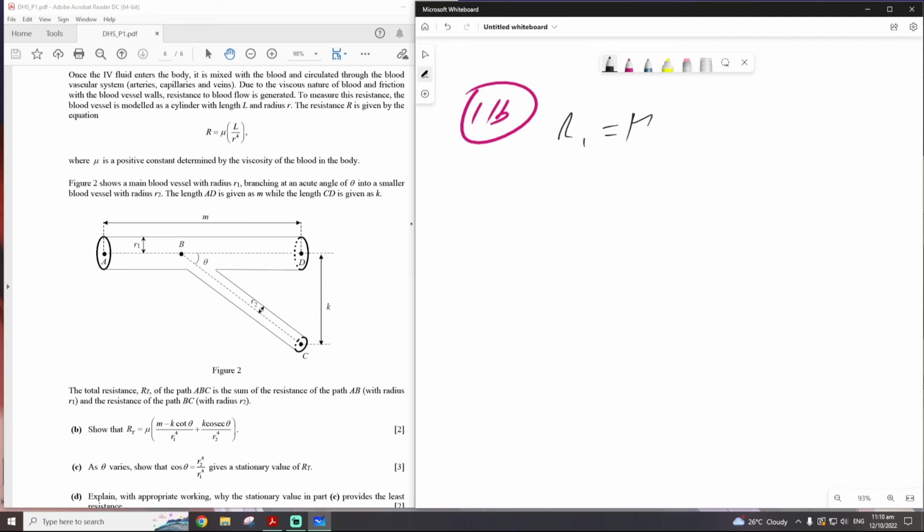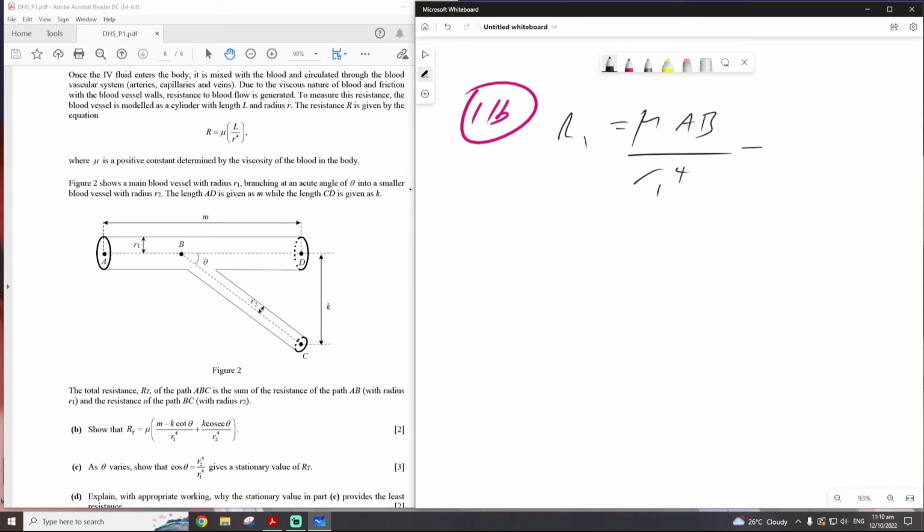So we use the formula mu, the length will be AB, over R1 power 4. R1 equals mu AB divided by R1 power 4.